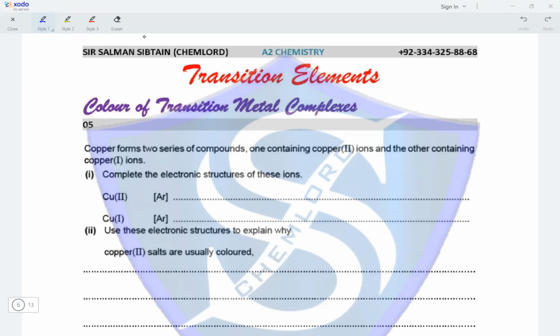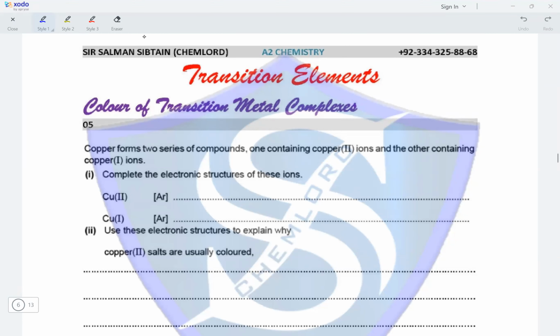Question 5. Copper forms two series of compounds, one containing copper 2 ions and the other containing copper 1 ions. Complete the electronic structures of these ions. So, copper has an atomic number of 29, and they've mentioned square brackets Ar, which means the electronic configuration of argon, which goes up until 3p6.